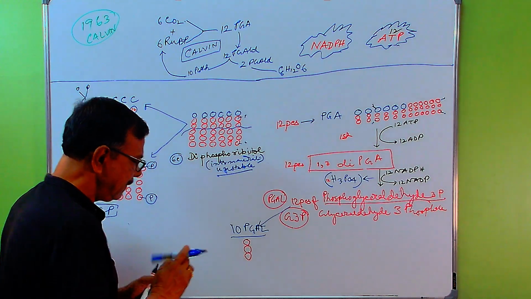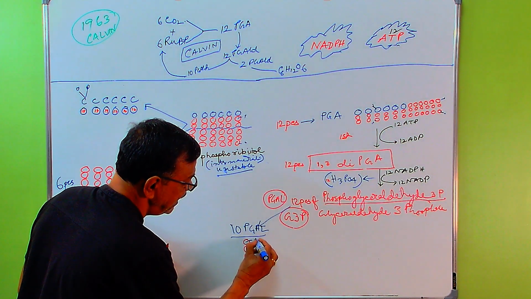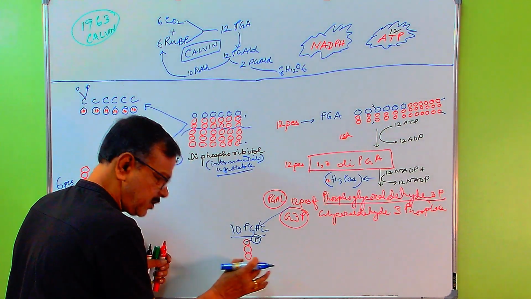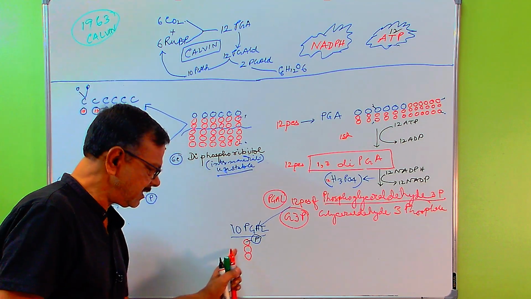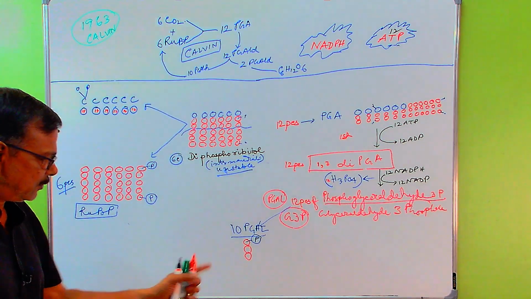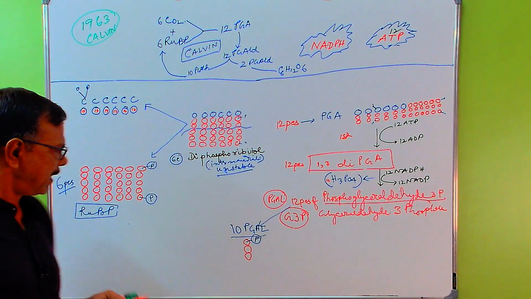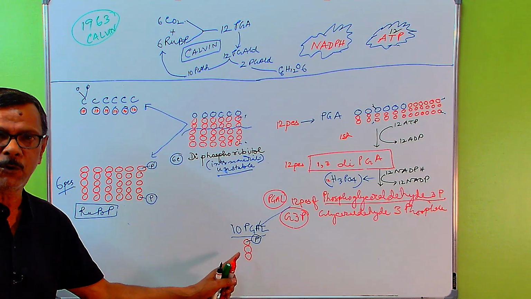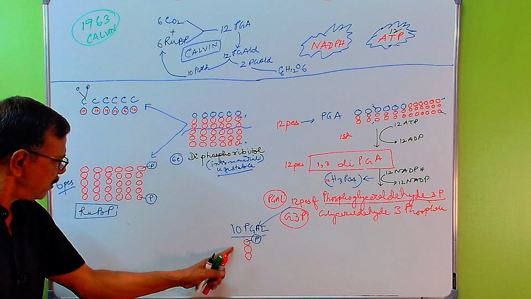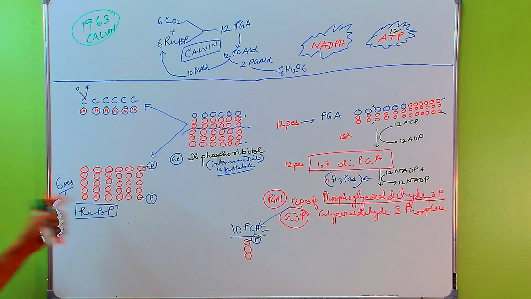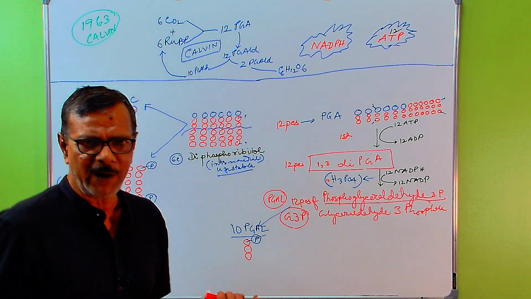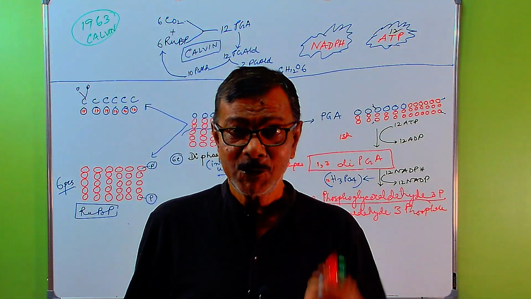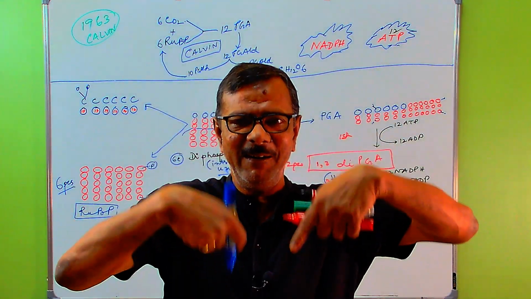Here 1 phosphate is there. In each 10 pieces, 10 into 3 are 30. So 30 carbon is there. Whether it is 1 phosphate, that is monophosphate. Whether this monophosphate will produce diphosphate? No, ribulose bisphosphate. So another phosphate I am to add.